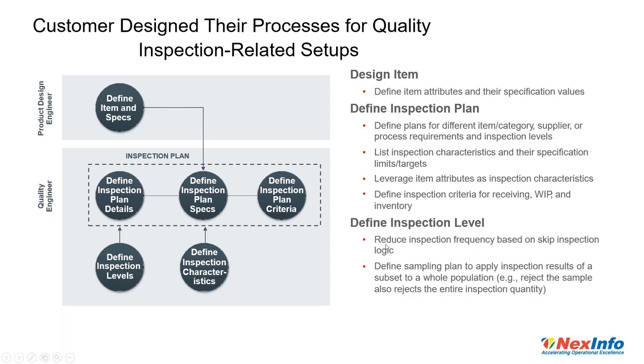And then the inspection level is something they played around with. They reduced the inspection frequency based on skip inspection logic, and also defined a sampling plan to apply the inspection results of a subset to a whole population.